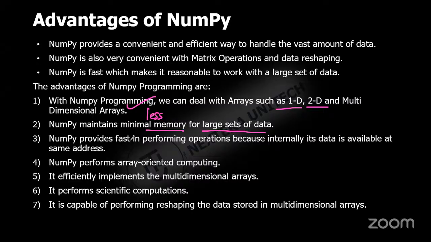NumPy also provides very fast operations. The reason behind why it is fast is that internally the data is available at the same address. The address will not change, guys. It is available at the same address, and it performs array oriented computing.